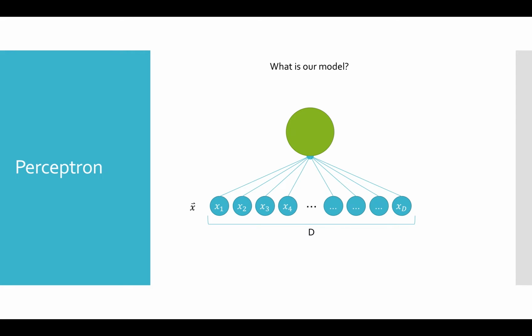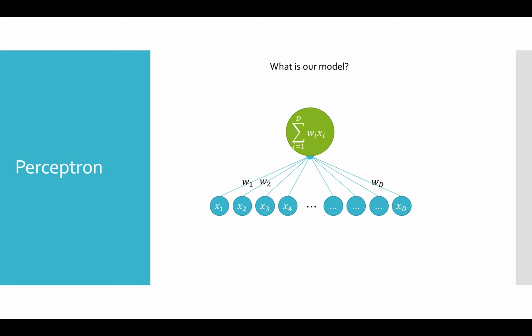Our feature vector is going to be some vector x, which has x1, x2, x3, x4, and so on, all the way to xD. We're also going to have weights associated with each of these features, like we talked about a few seconds ago. And so we're going to have a weight for x1, which is w1, a weight for x2, which is w2, and so on, okay?